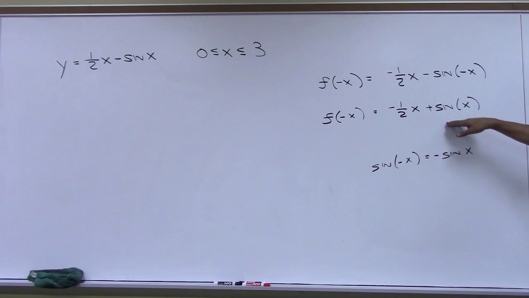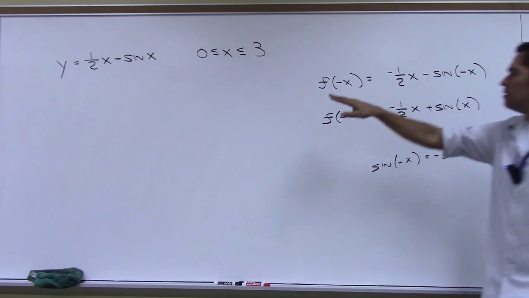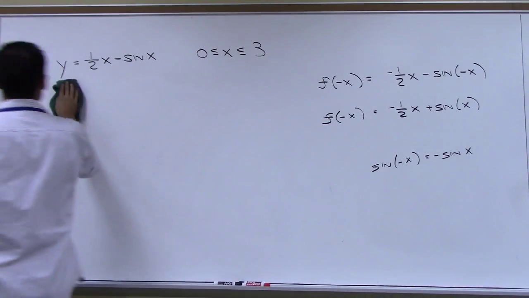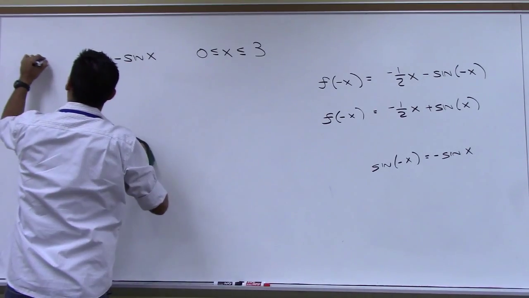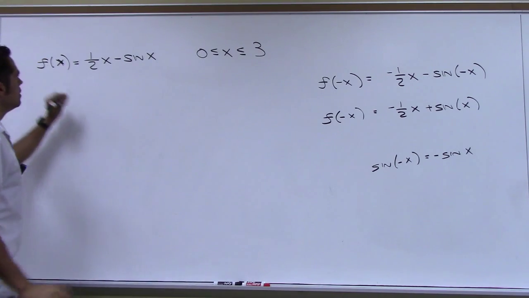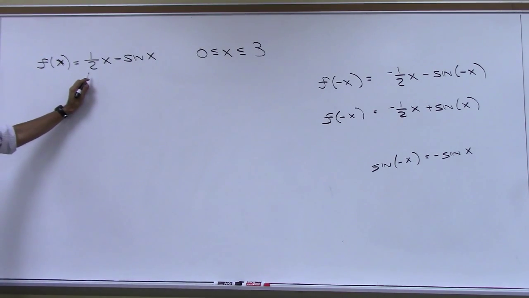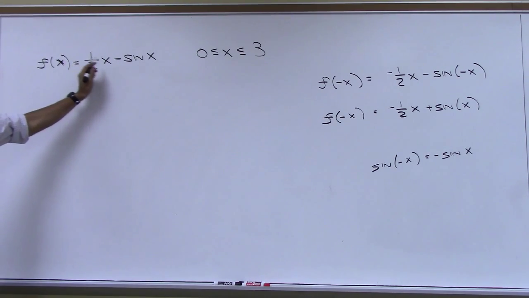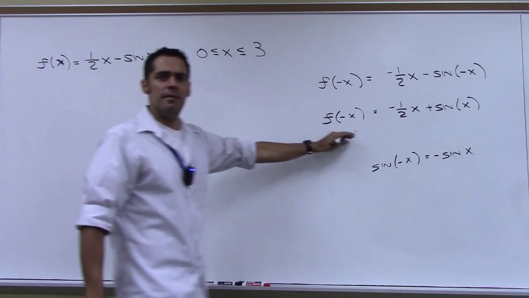So when I plug a negative x into my function, I get this. Do you all recognize what this is? Is this f of x? Sorry, I should have put f of x. Is this f of x or no? No, it's actually what? It's negative f of x, isn't it? If I put a negative in front of this and change that negative to a positive, I get this, don't I?